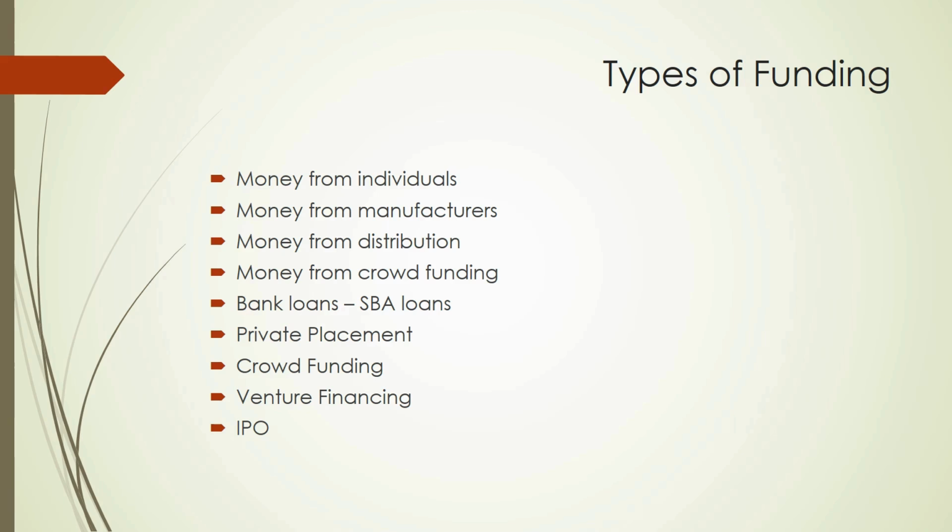So you have money from individuals, manufacturers, distribution, crowdfunding, which is a newer source. You have bank loans or SBA loans, private placements, which is a type of stock offering that you do, where you're not really going public, but you're offering it mostly to accredited investors. You have crowdfunding. Now, the first crowdfunding I mentioned really was what we call rewards-based crowdfunding.